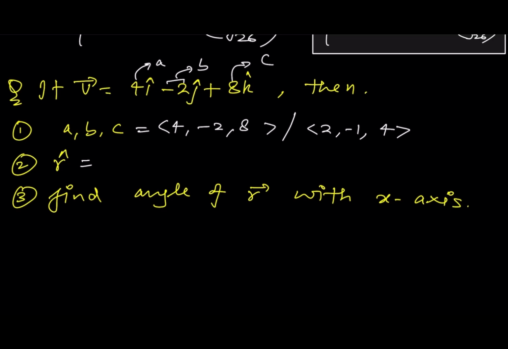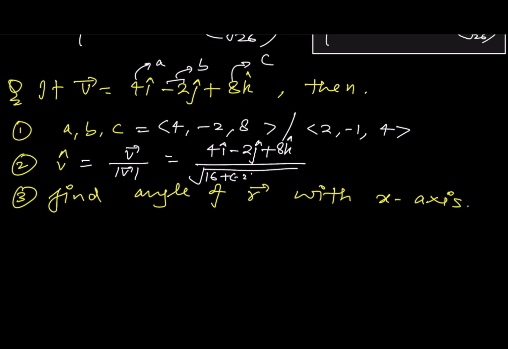And r cap means v cap. Okay, not r cap, it is v cap. So v cap is mod v vector upon mod of p vector. So 4i cap minus 2j cap plus 8k cap over root 84, where 16 plus (minus 2) whole square, that is 4, plus 64.